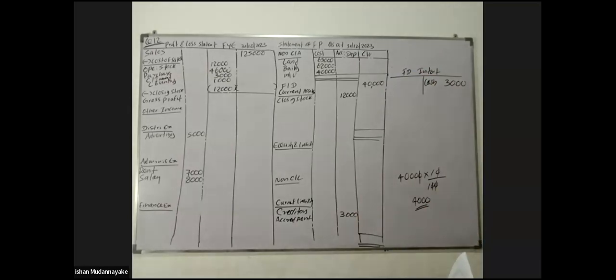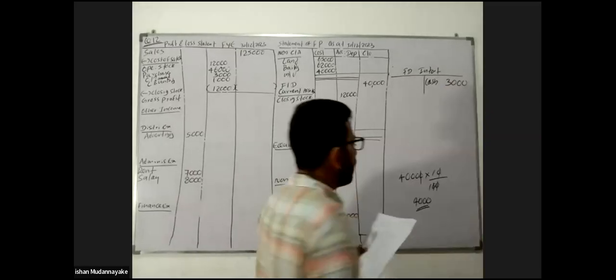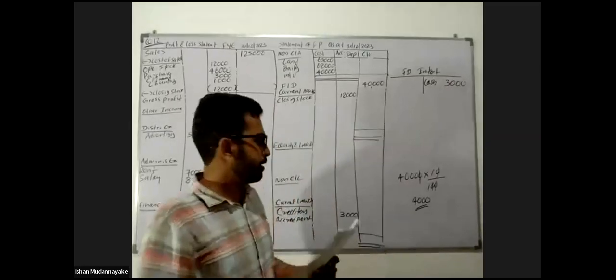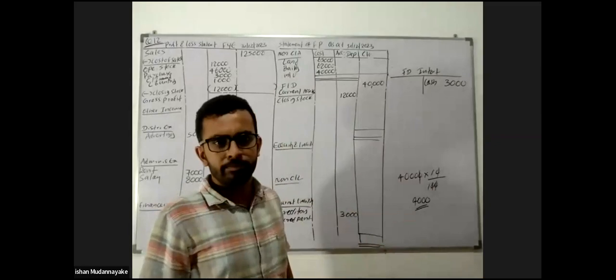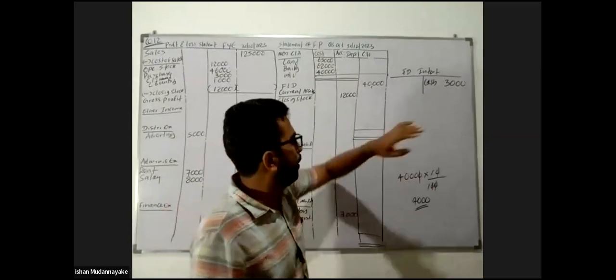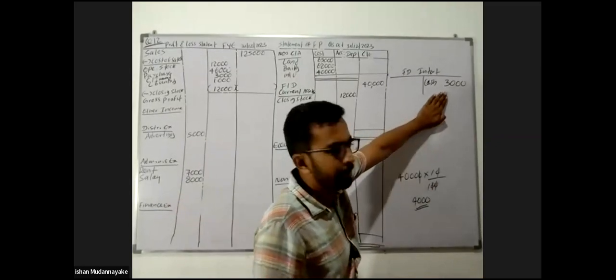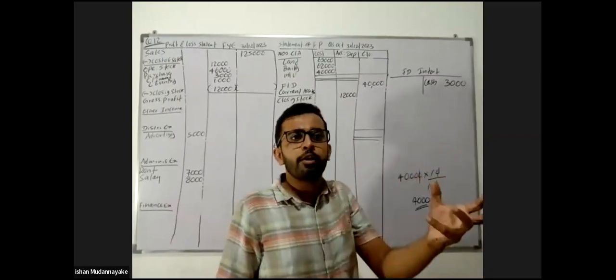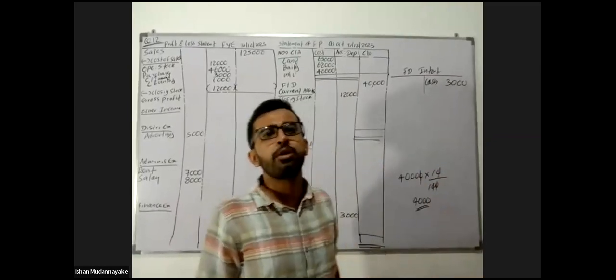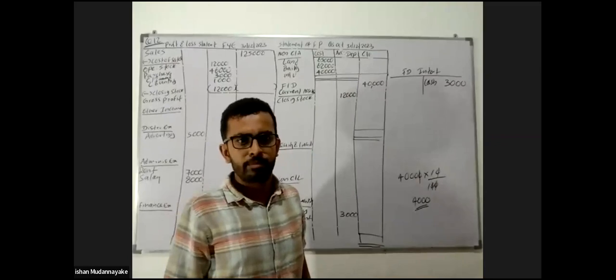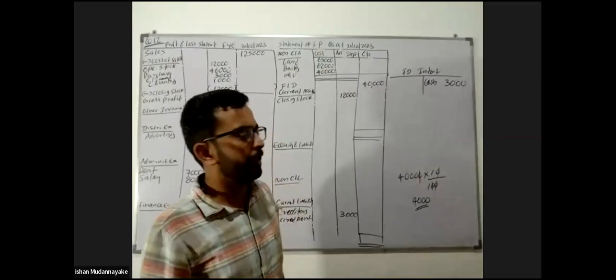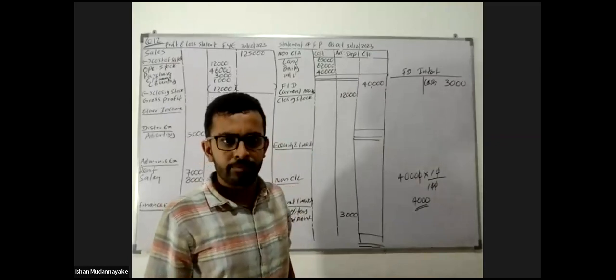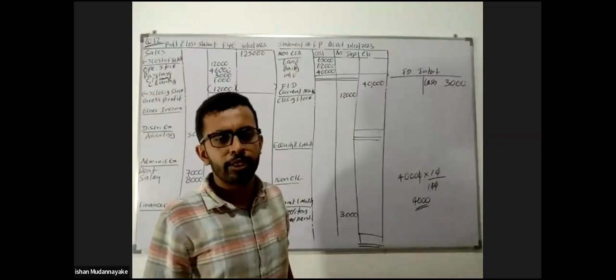Up to now, the collected amount is 3,000, but the relevant amount for the period is 4,000. It means another 1,000 needs to be collected.